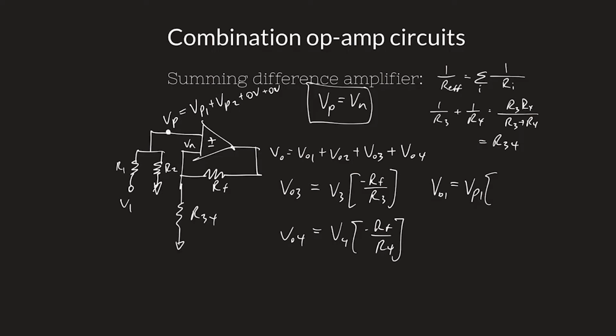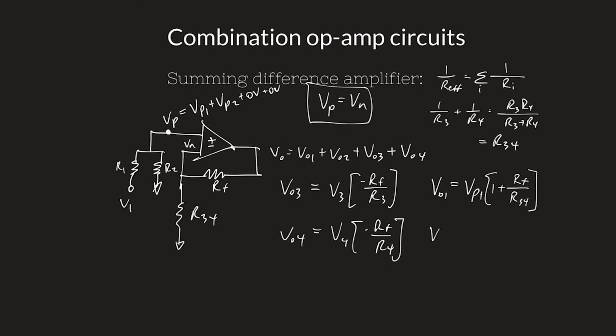When we did the non-inverting summary, it was just V1, but now it's VP1 because that's the value seen at the VP input. That's what we're looking for. VP1 is seen at the VP input, and that's what sees the gain, 1 plus RF over R34.